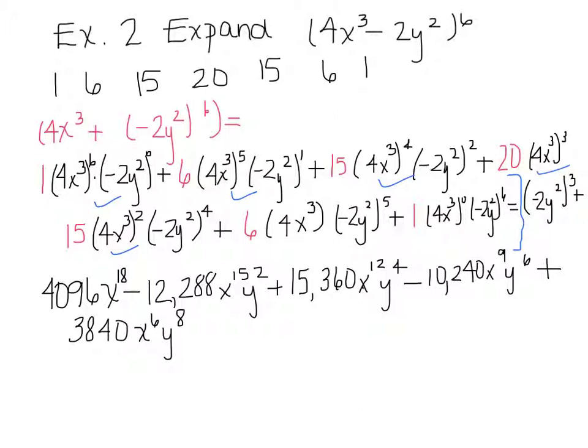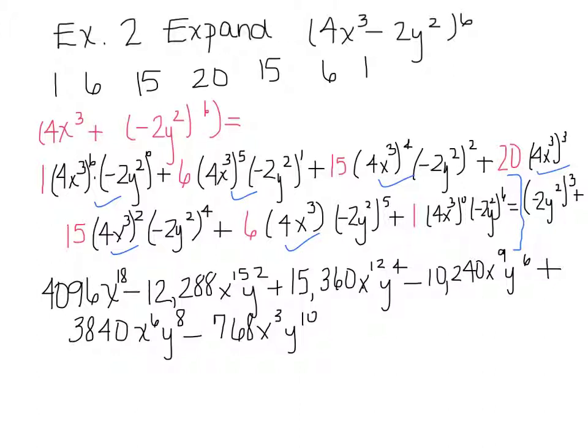Then my next term is negative 2 to the 5th. That'll make it negative. That's negative 32 times 4 times 6. So that gives us 768 x to the 3rd, y to the 10th.